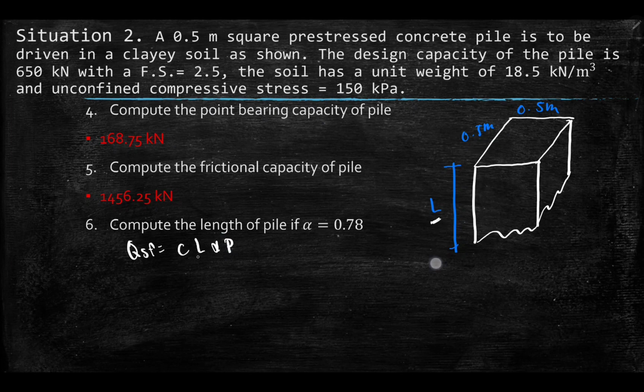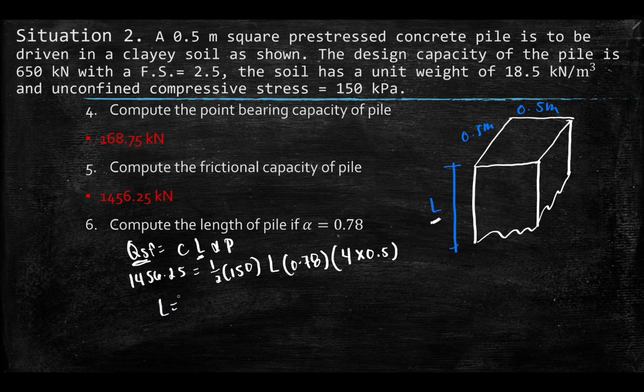Solving for the length, we can get it since we have the cohesion, adhesion factor, perimeter, and frictional capacity. Our frictional capacity is 1456.25, equal to our cohesion, which is 1/2 of 150, times the length we are looking for, times the given adhesion factor and our perimeter. Since it is a square, the perimeter is 4 times its side, so 4 times 0.5 meters.